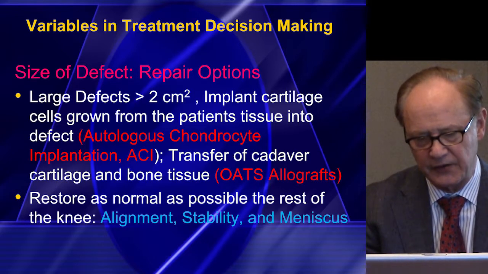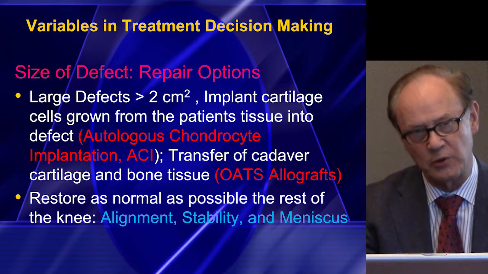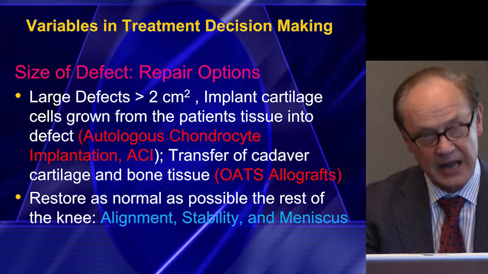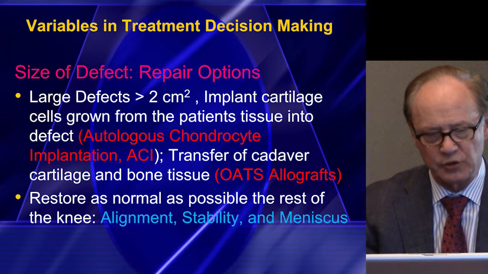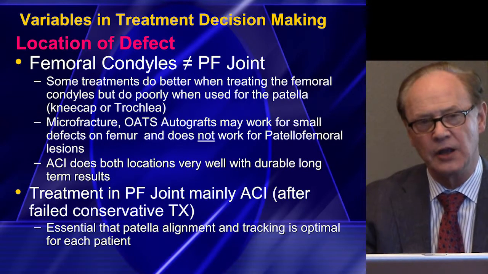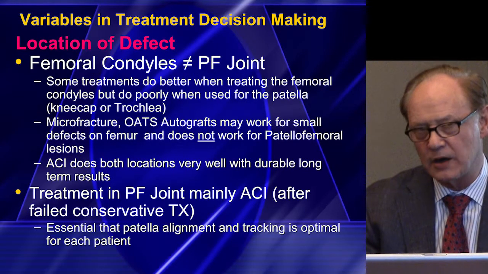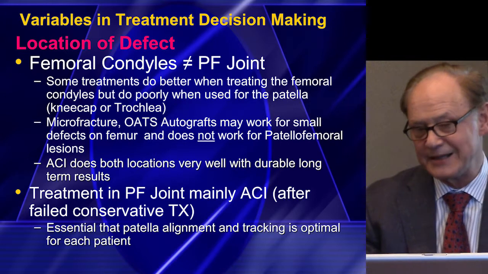Now, in each of these cases, it's important that the knee be as close to normal as possible, with alignment, stability, the status of the meniscus as well, as I mentioned before. And then location. The femoral condyles, that's the compression where you walk on those, doesn't equal the patellofemoral joint. So some treatments work in one place but not the other.